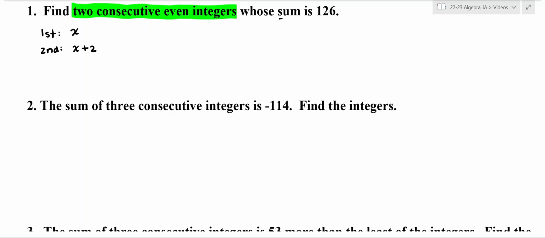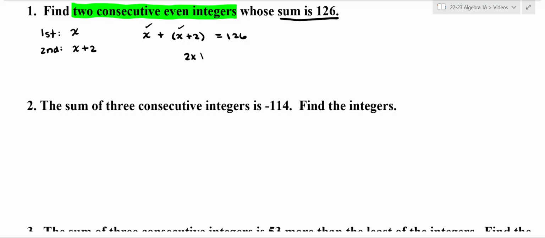And we want the sum of these numbers to be 126. So we need to add them. So x plus x plus 2 equals 126. Once you reach this point, it's just a matter of collecting your like terms and solving for x. I see that I have 2 x's.